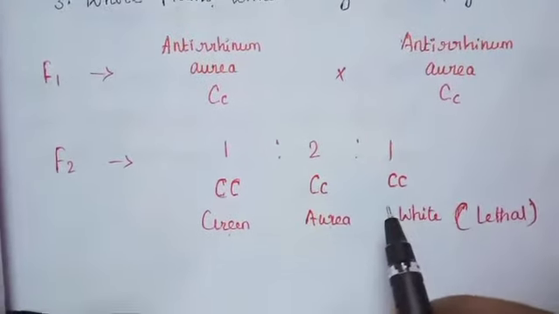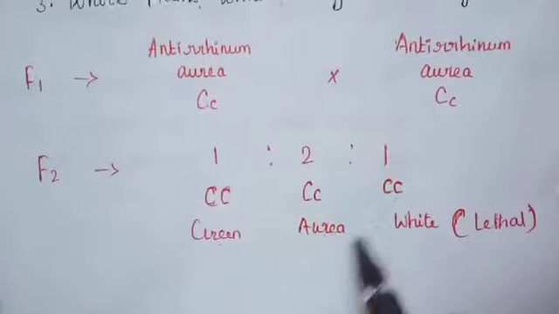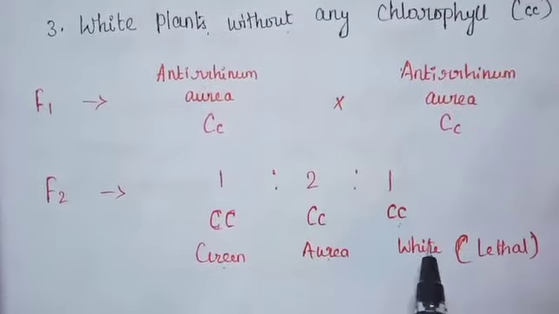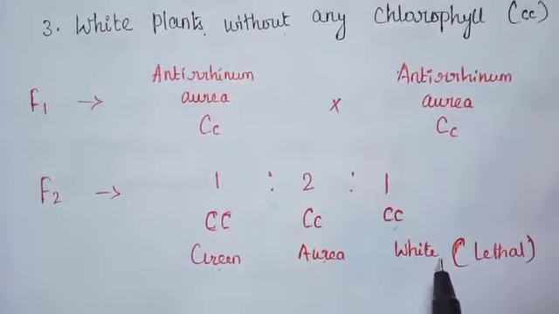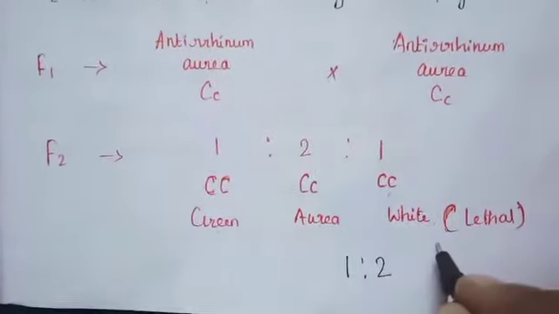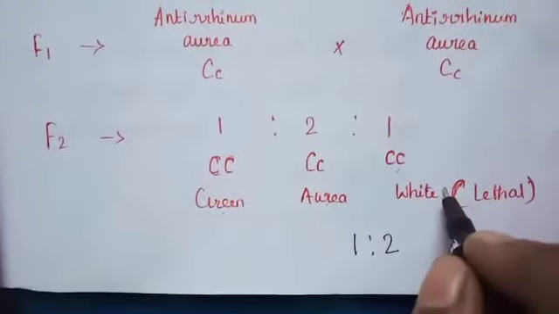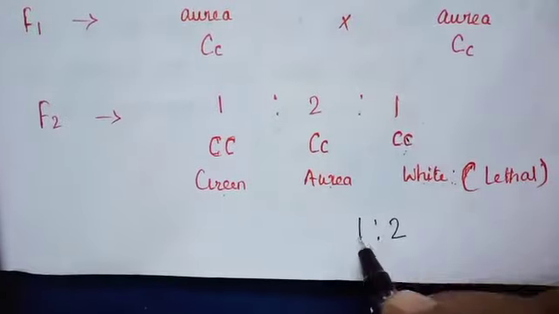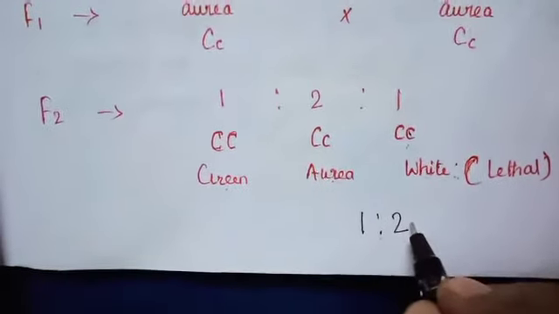Since the white plant has no chlorophyll, lacking chlorophyll pigment, it will not survive. So the F2 ratio is modified into 1:2. In this case, the homozygous recessive genotype, small c, is lethal. So 1:2 is the ratio.